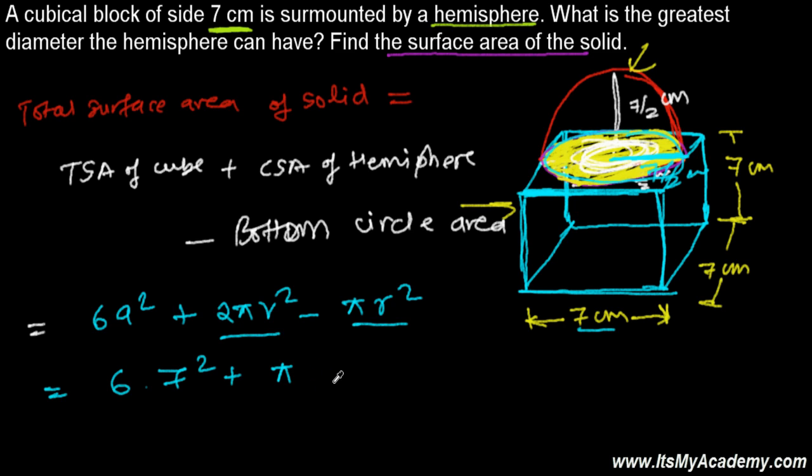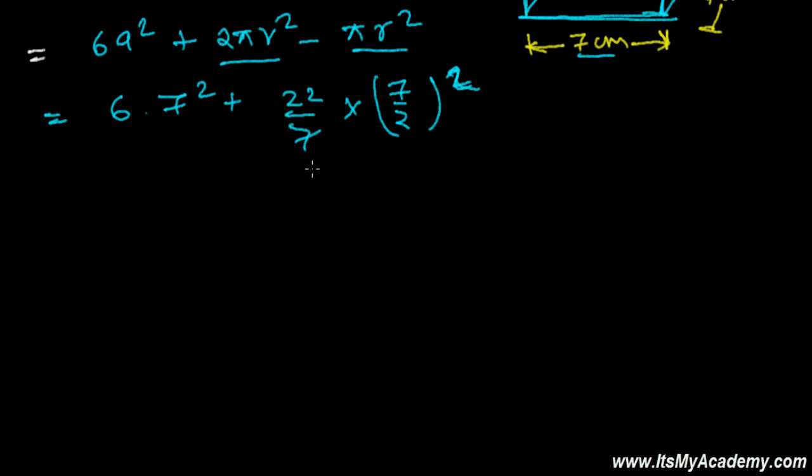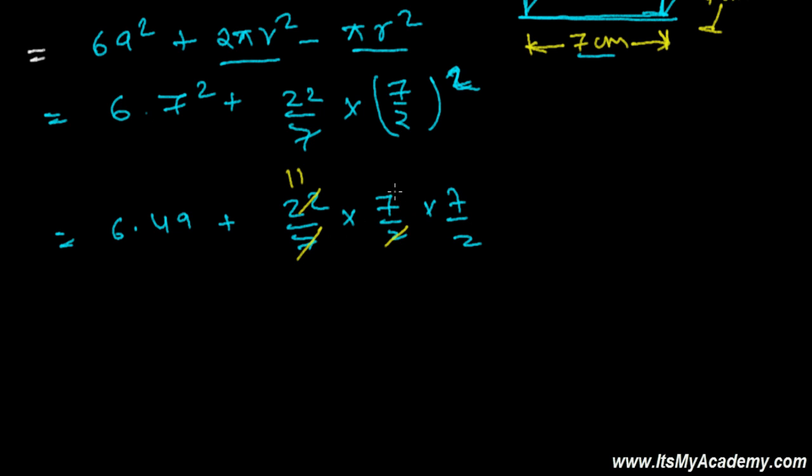Why don't I write the value directly? Pi is 22 over 7, and r is 7 by 2, whole square. So it's 6 times 49 plus 22 by 7 times 7 over 2 times 7 over 2. Now we can cancel something. 2 times 11, this 7 and this 7 will cancel, and 11 times 7, that is 77, divided by 2.